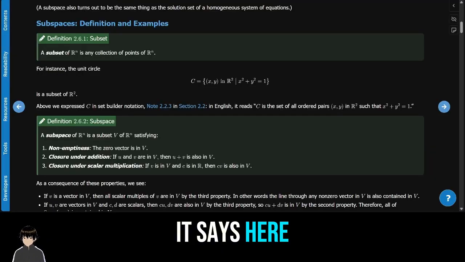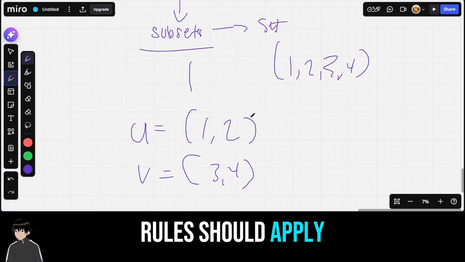It says here that these three rules should apply.